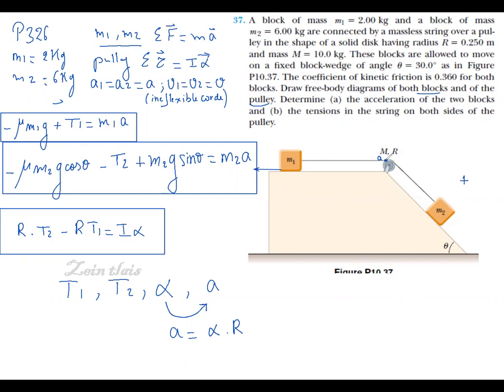You know the relation between A and alpha, A equals alpha times R. So we can substitute the value of alpha by A divided by R. Like this, we get three equations with only three unknowns. Now it's okay. We can solve the problem.